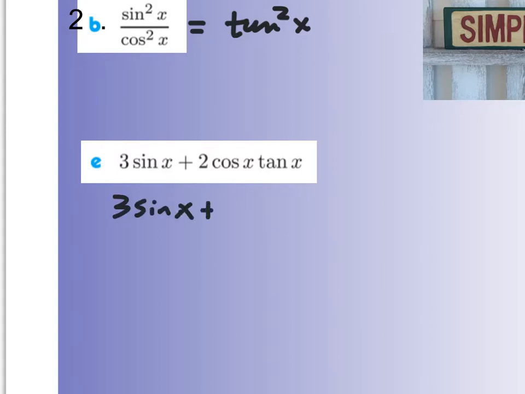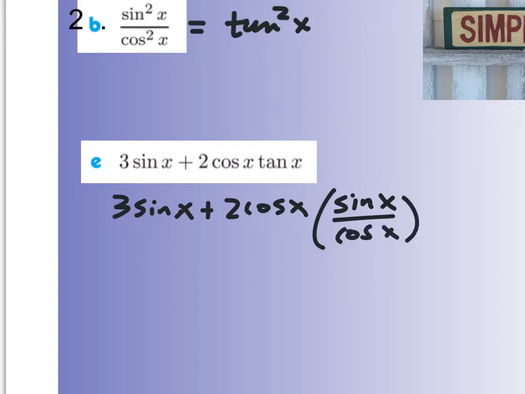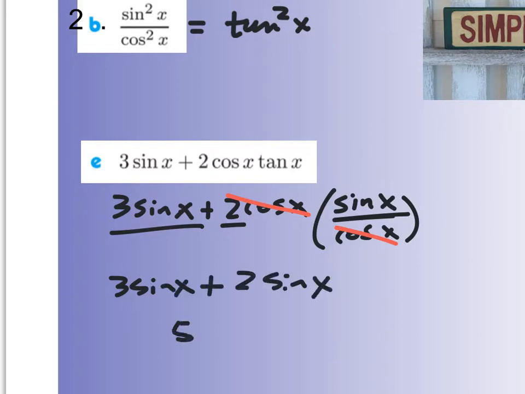Probably my greatest tip when simplifying anything trig related: write everything in terms of sine and cosine if you don't see an identity, because things tend to cancel. So I got 3 sine x and 2 sine x. So 3 sine x plus 2 sine x is 5 sine x.